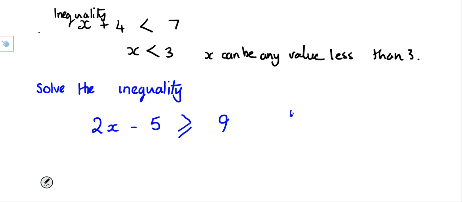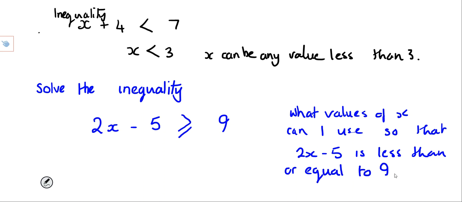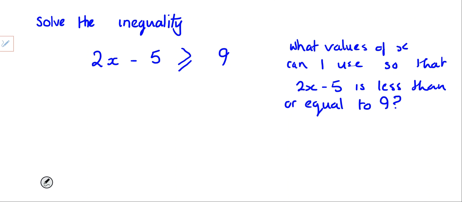So what I'm asking you is, what values of x can I use so that 2x minus 5 is greater than or equal to 9? Solve the inequality. So, any ideas what you would do?